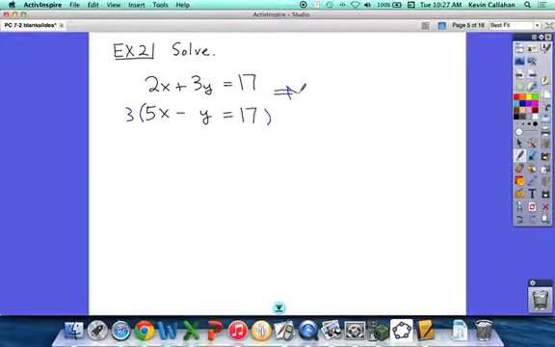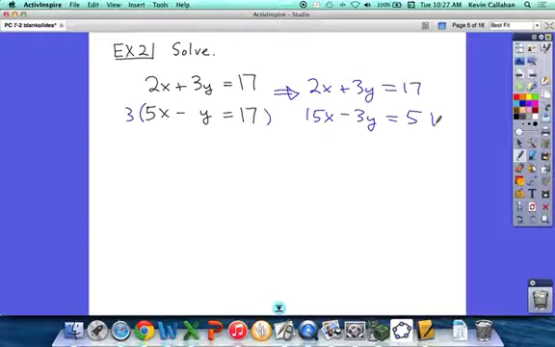Right? And now I'm going to rewrite the whole system. I didn't change the first one, but 2x plus 3y equals 17. And this one now is 15x minus 3y. And then 3 times 17, 51.